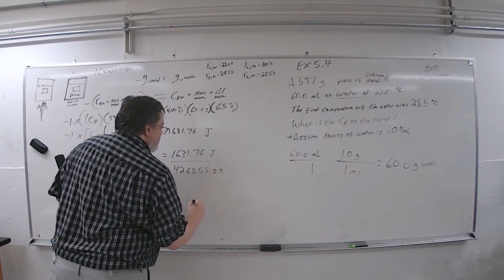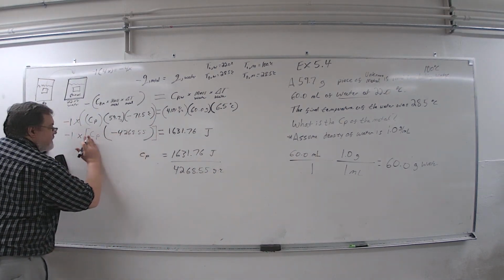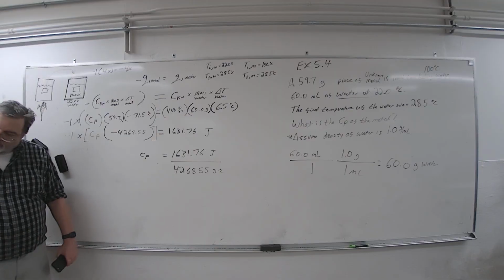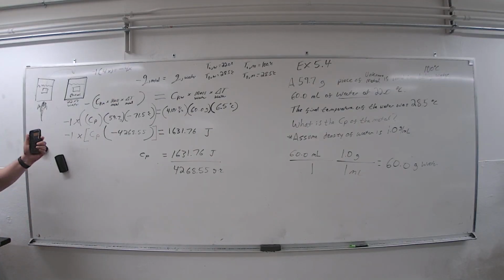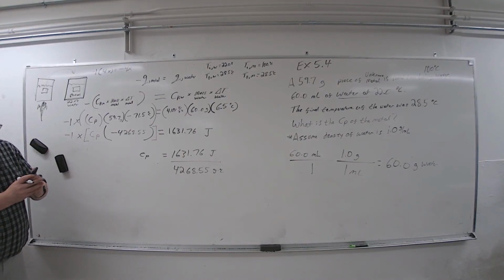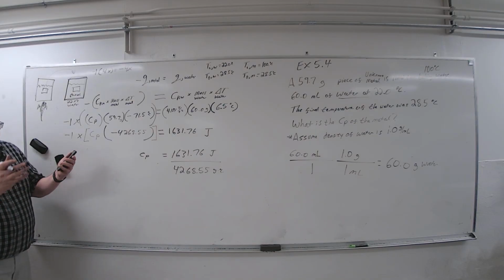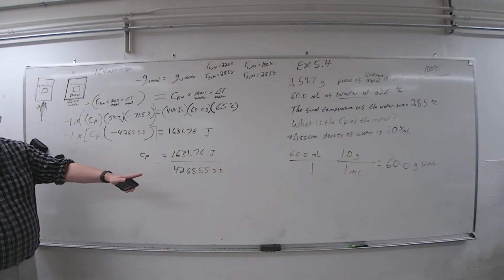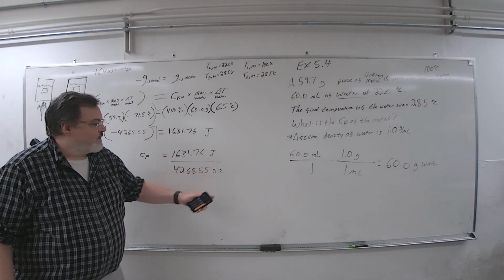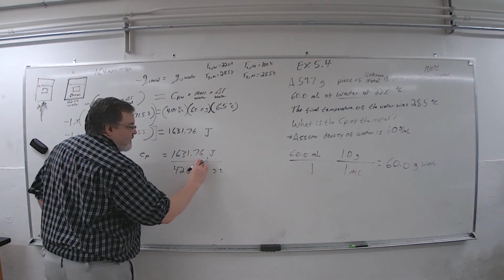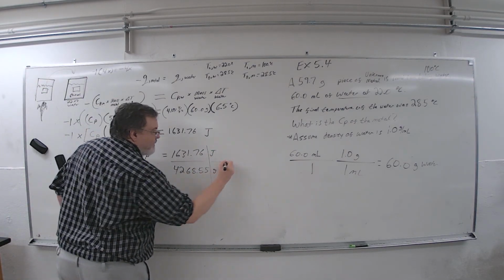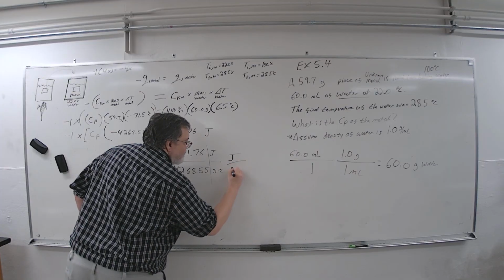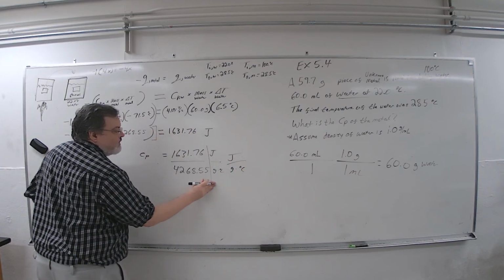Grams dot degree C. So we're down to that. And that's what we're looking for, the CP of the metal. See how we do. And the negative is gone. I like that. We are going to end up in the correct units. Joules over grams degree C. Let me break those off. Joules, grams, degree C.